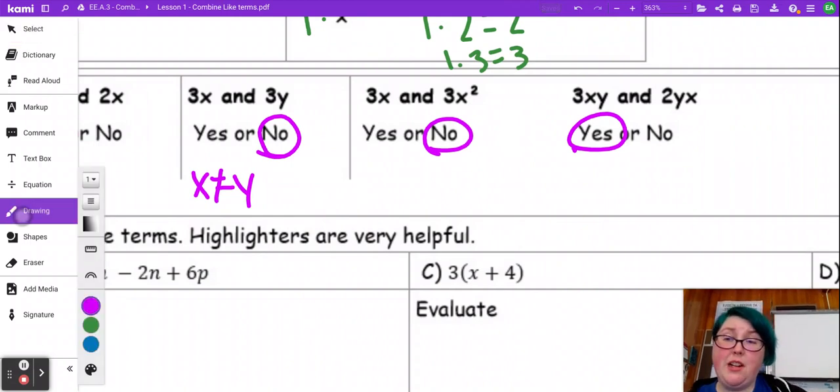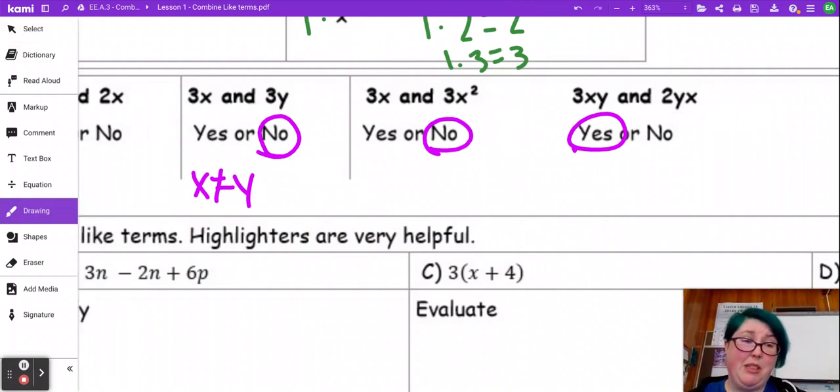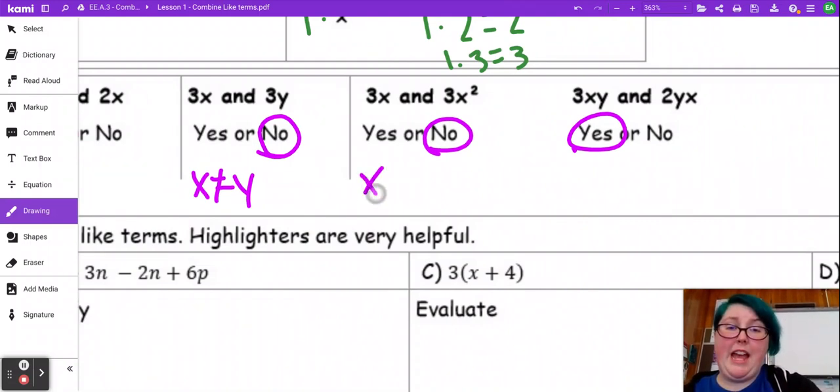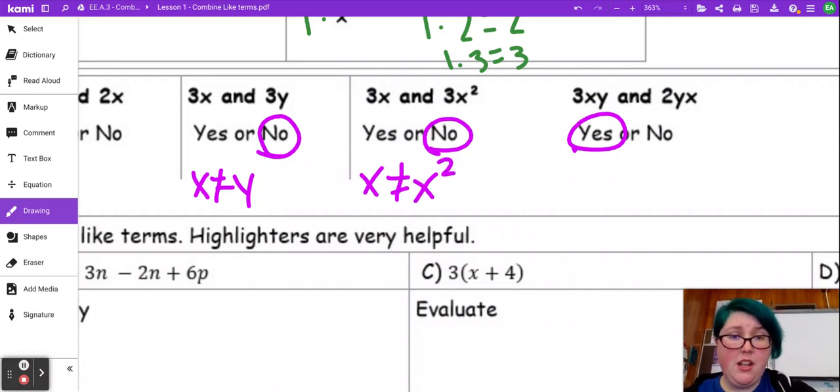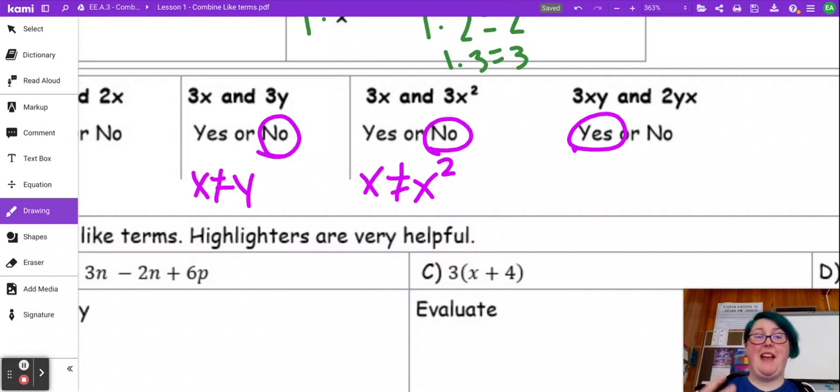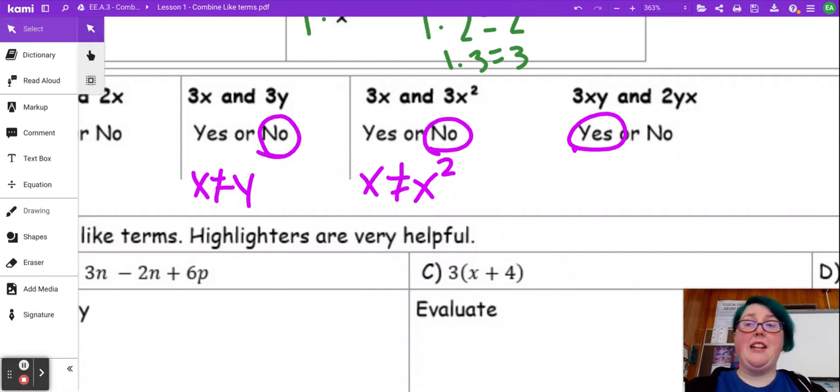They're the same variable, but are they the same level? No, they're not the same level. We know that x does not equal x squared. That is, 3x is not the same as 3x squared. You have different levels involved. You can't combine them until you do the levels, and they're all on the same level.